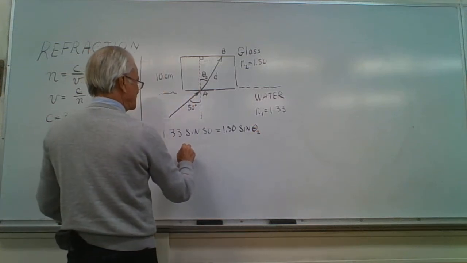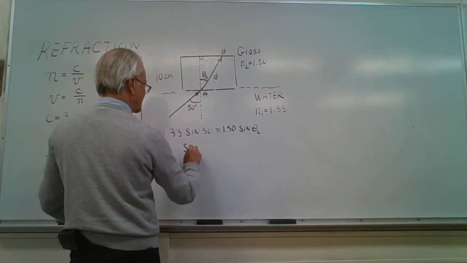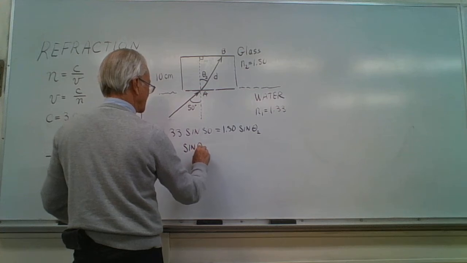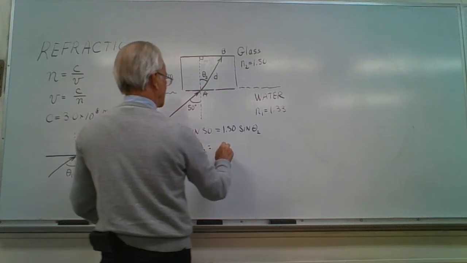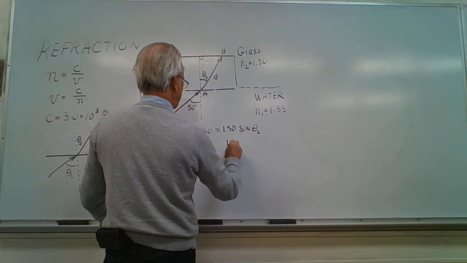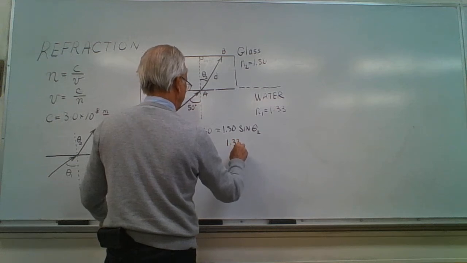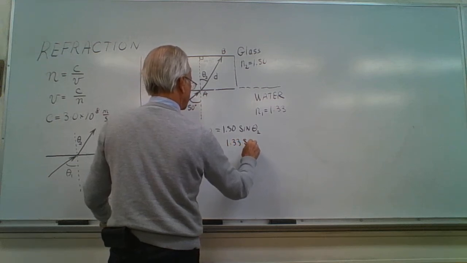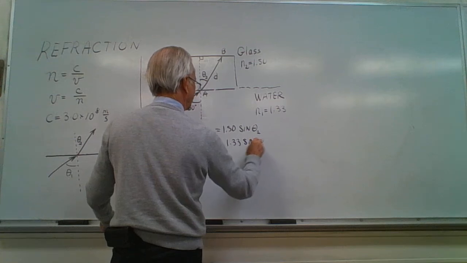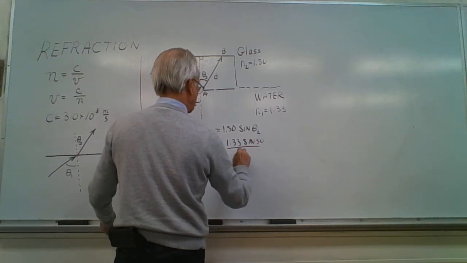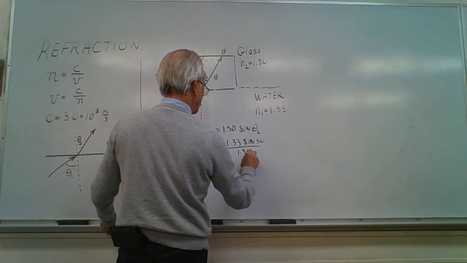You can rewrite this as the sine of theta 2 equals 1.33 times the sine of 50, all divided by 1.50.